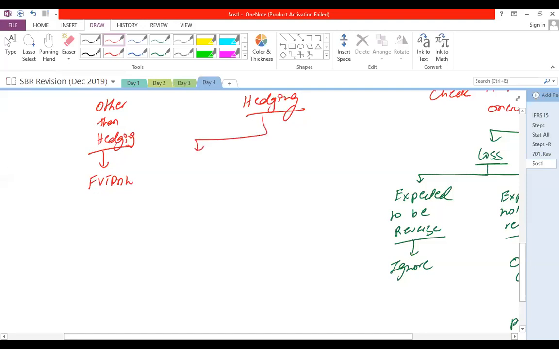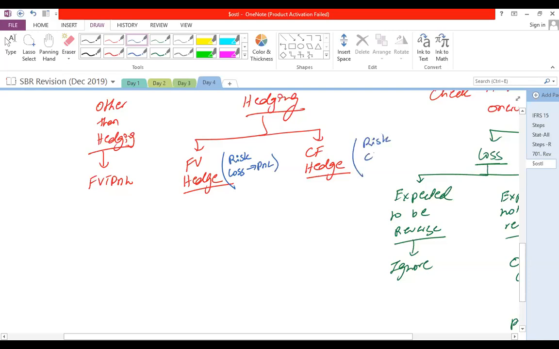If it is hedging, then there are two types of hedge: either a fair value hedge or a cash flow hedge. If we have a risk of loss in P&L, we call it a fair value hedge. And if we have a risk of an increase in the cash outflow or a decrease in the cash inflow, then we call it a cash flow hedge.